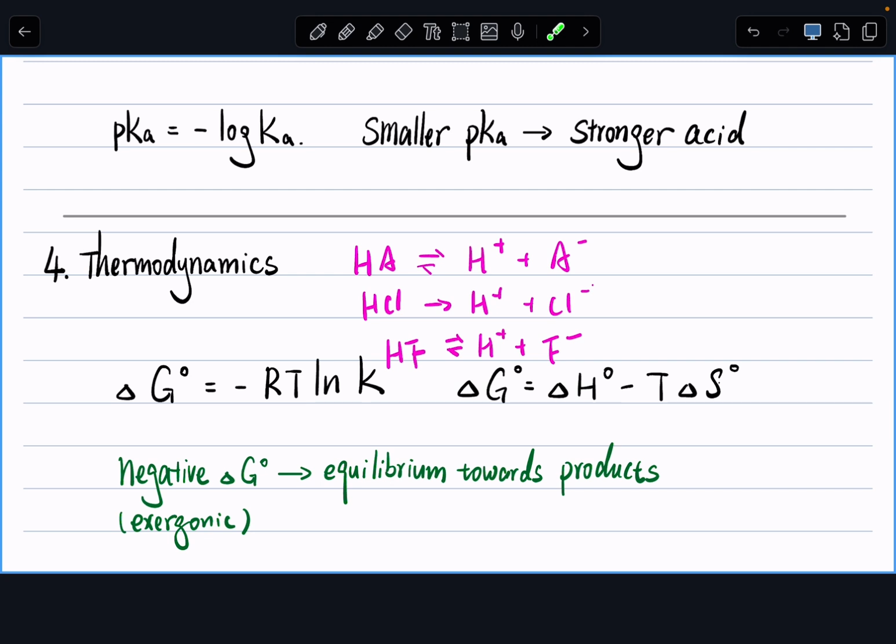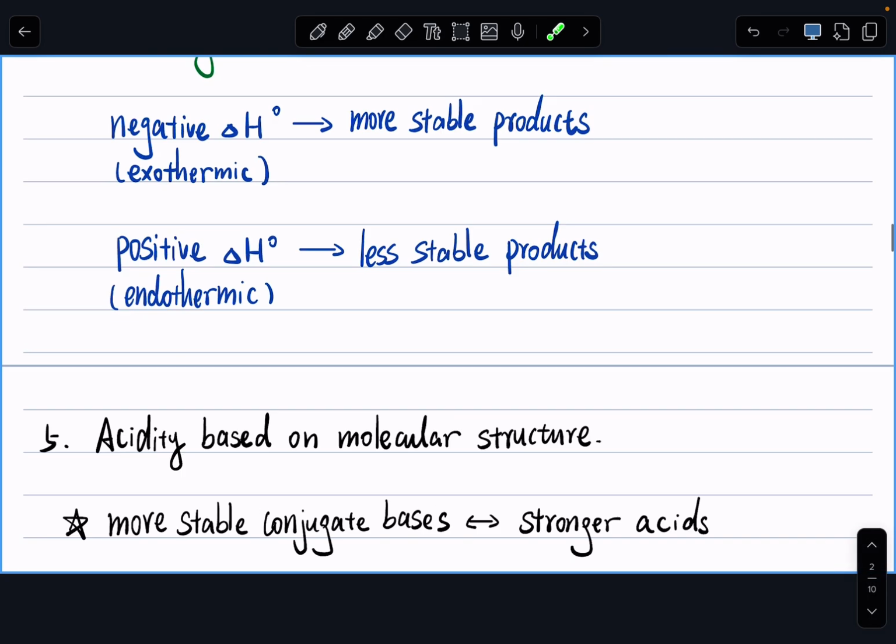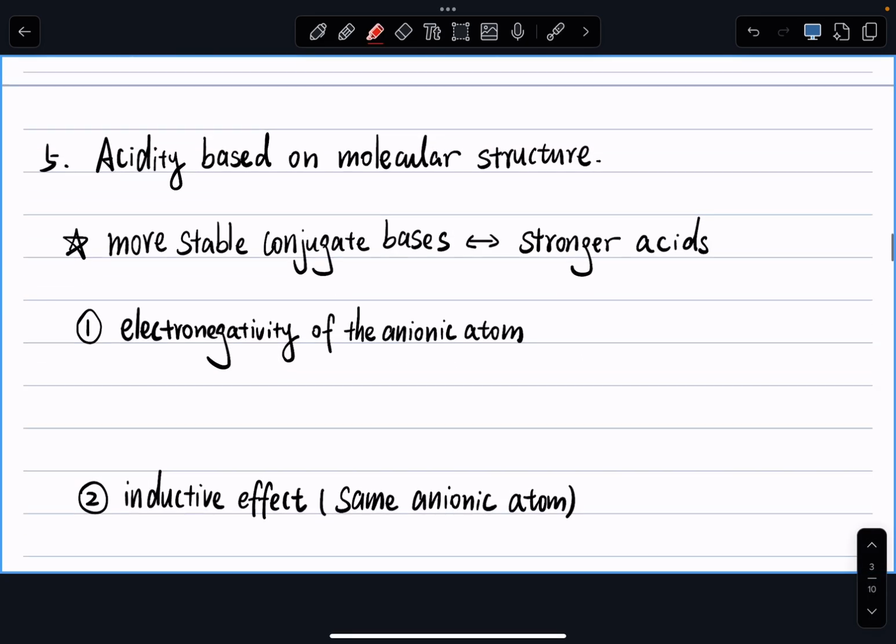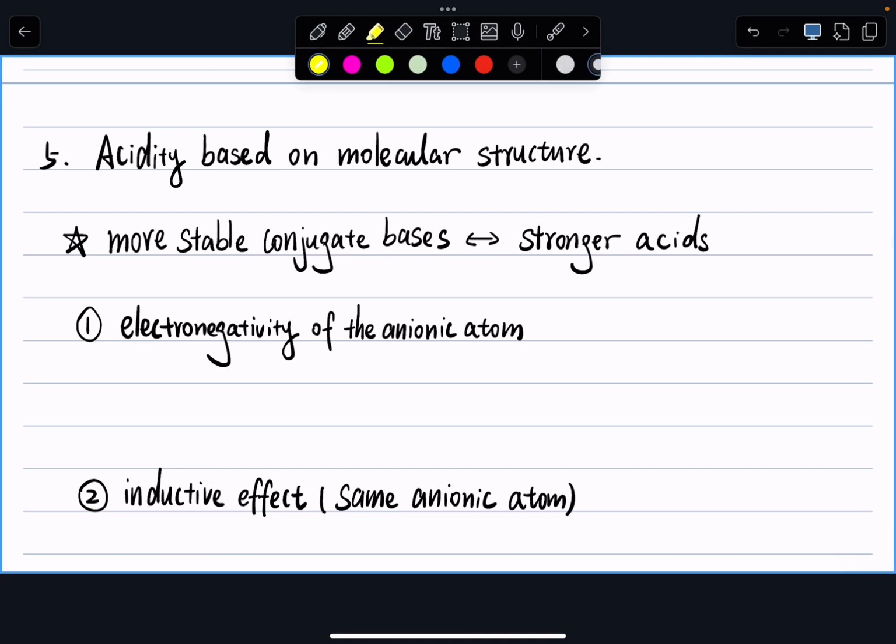So hence, we come to the one important conclusion when we're trying to predict acidity, that is, more stable conjugate base means stronger acid. All right, and this rule comes from the thermodynamic principle of a Bronsted acid-base reaction.